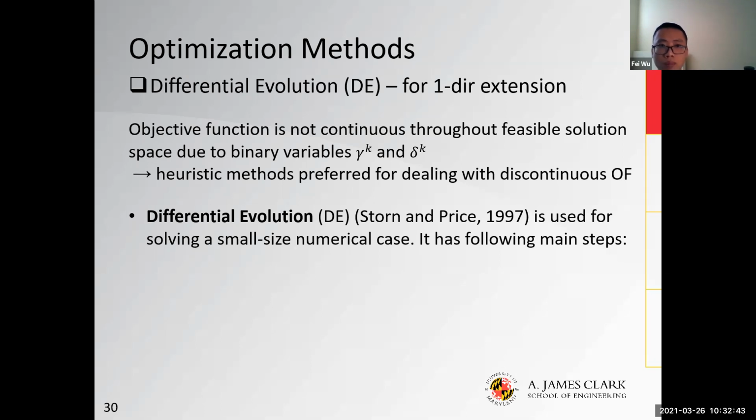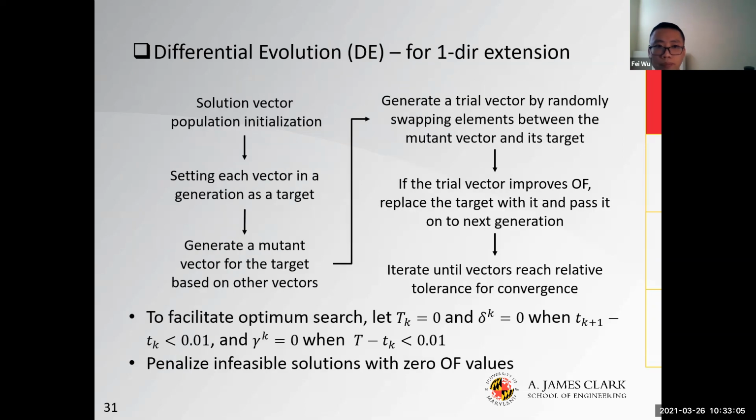So this is for the small size numerical case in the one direction extension. We use this because the objective function, which is the net present value, is not continuous throughout the feasible solution space, because we use some binary variables.